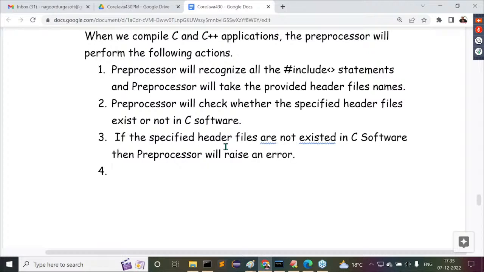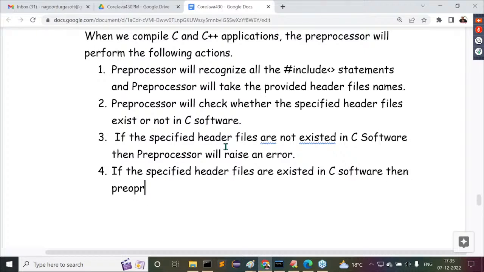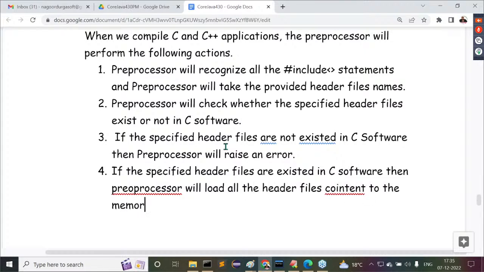We are able to get some error. If the specified header files exist in the C software, then what will happen there? What next one here? Then the preprocessor will load all the header files' content to the memory.